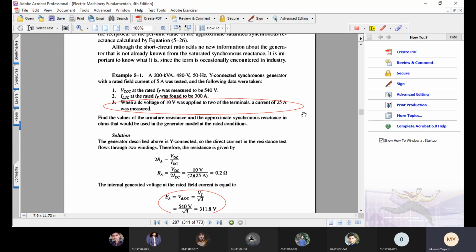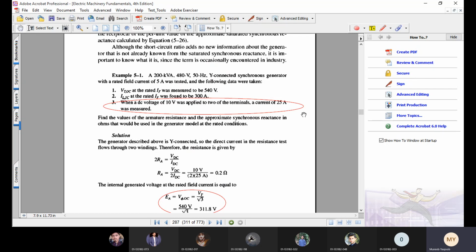I told you that using the open circuit test, we will find the internally generated voltage EA. Using the short circuit test, we will find the load current IL or the armature current IA. But to calculate the armature resistance RA, we will perform a DC test.